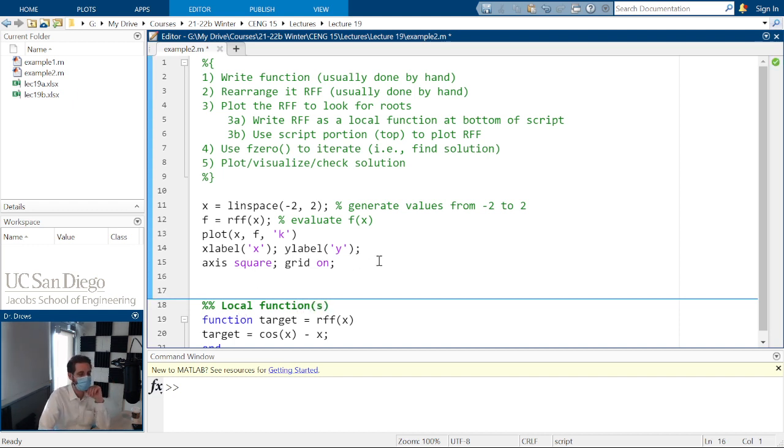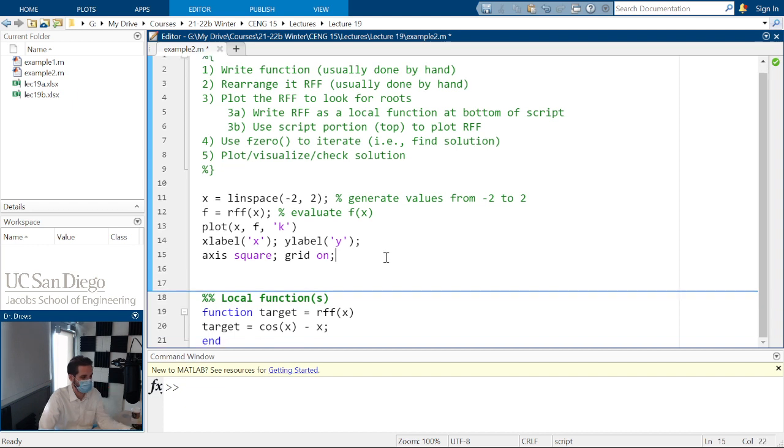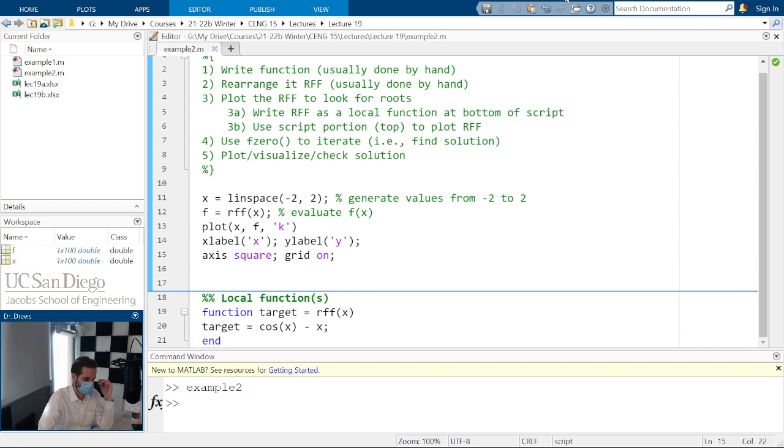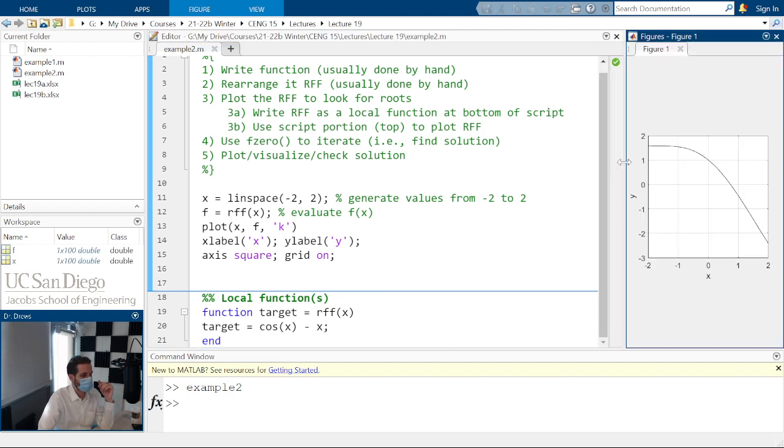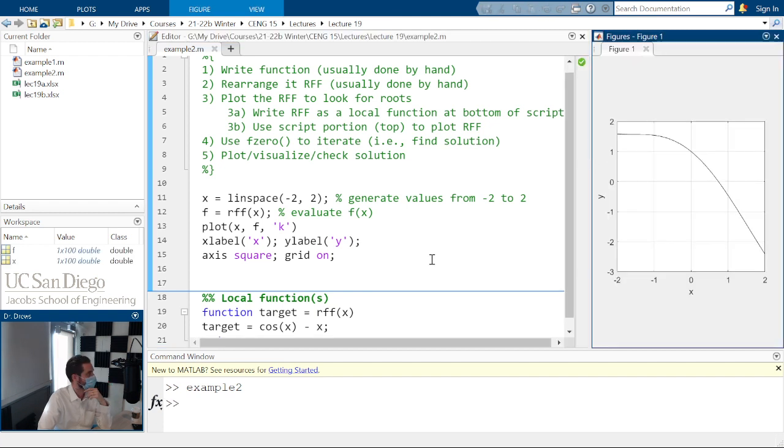Everything above that local function, that's where we're actually doing the work of solving something. So if I plot that, I will get a plot that looks something like this. Actually, instead of a y label as y, let's call it f of x.